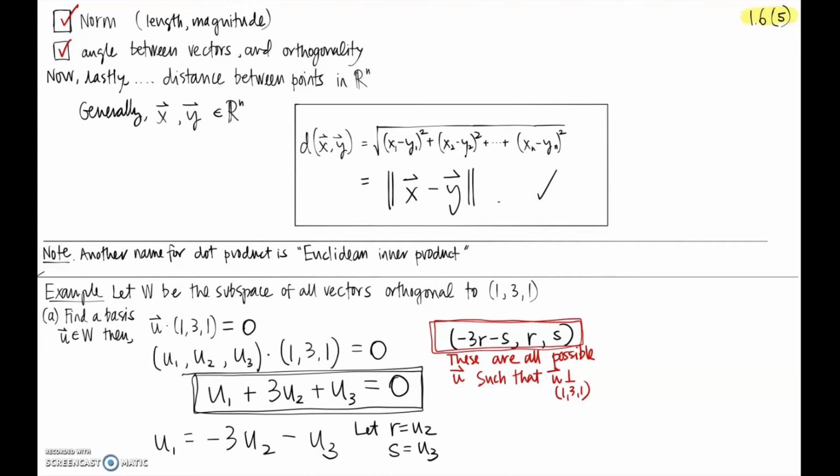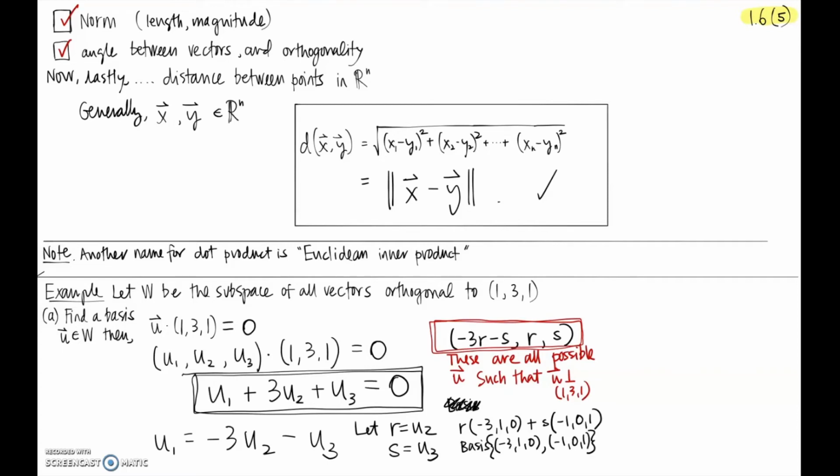So the basis of that set, let's see, I know I can write this set as r times (negative 3, 1, 0). So this isn't really the basis yet. This is just the set, plus s times (negative 1, 0, 1). Okay, and so for this set of all these combinations, the basis for it will be (negative 3, 1, 0), (negative 1, 0, 1).